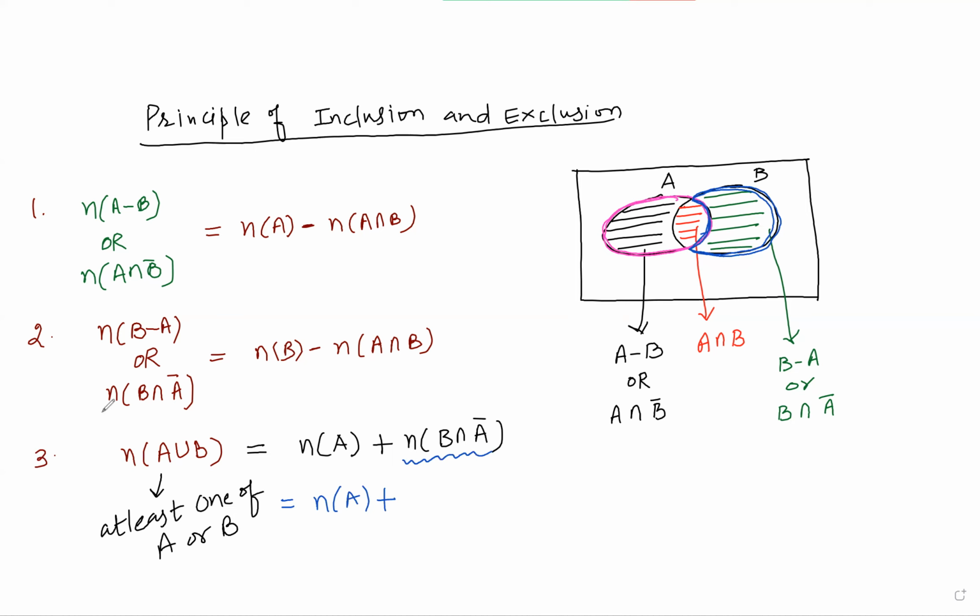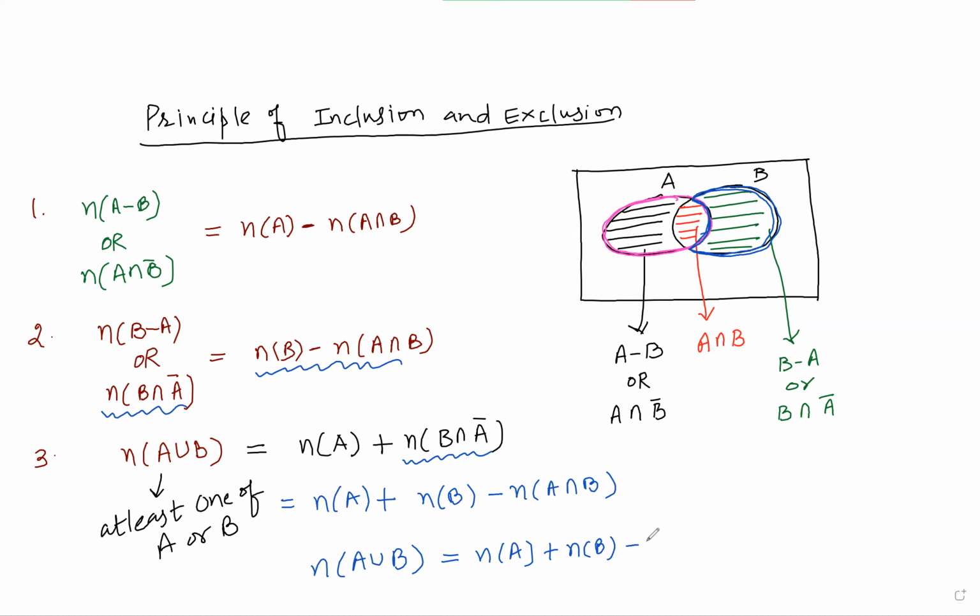Now use the second result, numbers in B and not A. This is numbers in B minus numbers in A intersection B. So replace this with numbers in B minus numbers in A intersection B. So this result basically, numbers in A union B is numbers in A plus numbers in B minus numbers in A intersection B.